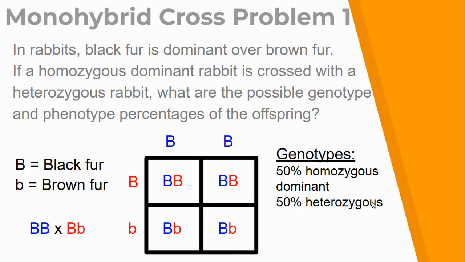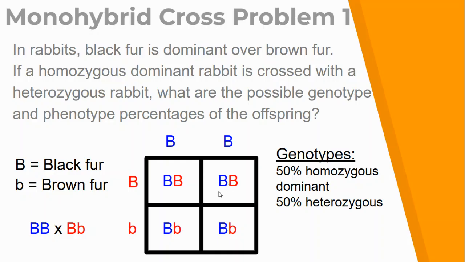Your percentages for the genotypes should add up to 100%. For the phenotypes, anytime you see a box with a capital letter in it, that offspring or those offspring will have the dominant trait. So just count how many boxes have a big B in them.